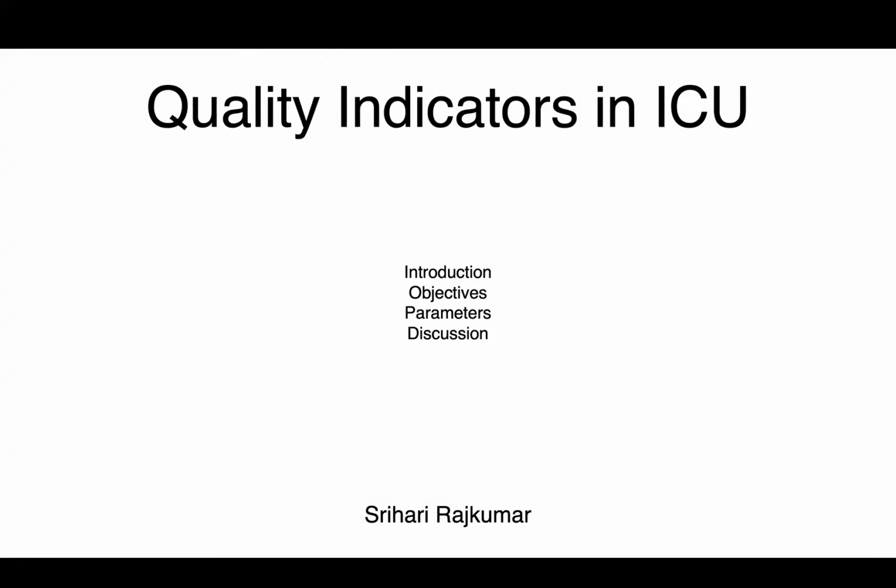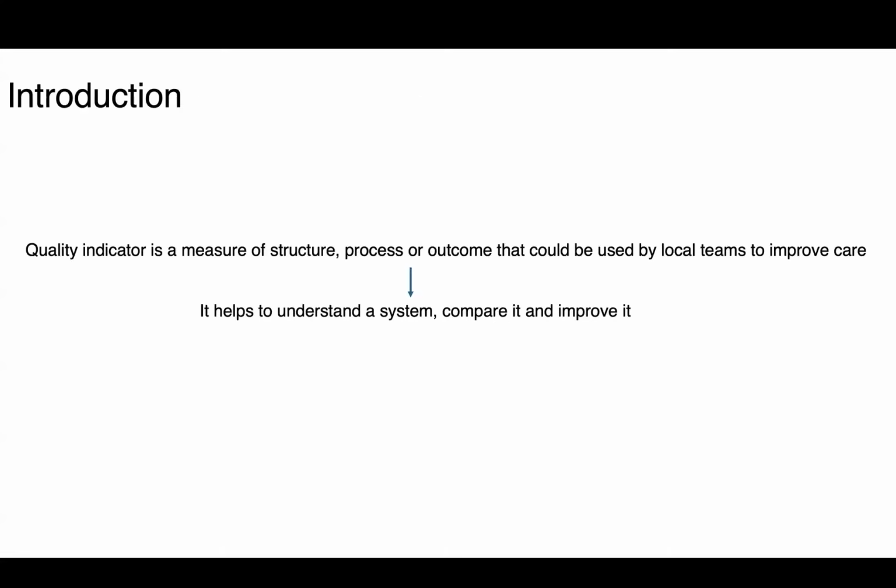With regard to quality indicators in ICU, the main areas I'll be discussing are the introduction, the objectives, parameters, and the final discussion related to that. A quality indicator is a measure of structure, process, or outcome that can be used by local teams to improve care.